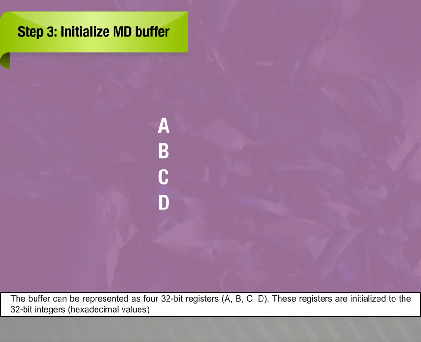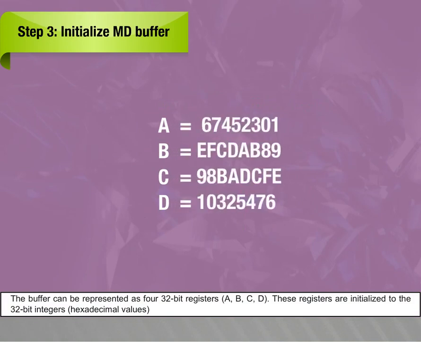The buffer can be represented as 4 32-bit registers A, B, C, D. These registers are initialized to the 32-bit integer hexadecimal values: A is equal to 67452301, B is equal to EFCDAB89, C is equal to 98BADCFE, D is equal to 10325476.